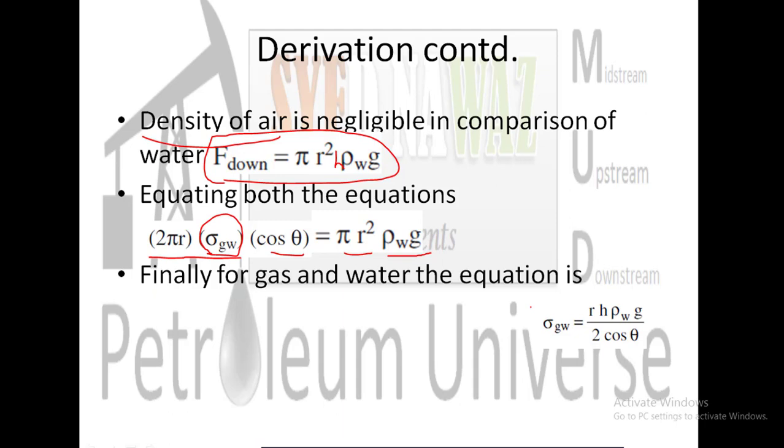Psi GW is equal to, I am sending everything to the other side. Here you can see that this r and this r get cancelled, the 2 cos theta will be in the denominator, and the pi and pi will also get cancelled. So finally you got an equation for the gas-water system, which gives you the surface tension.